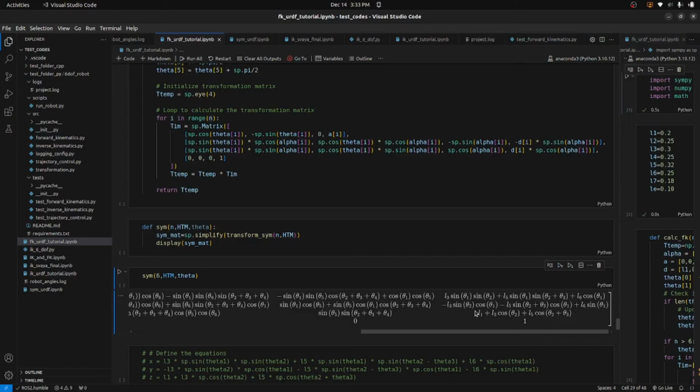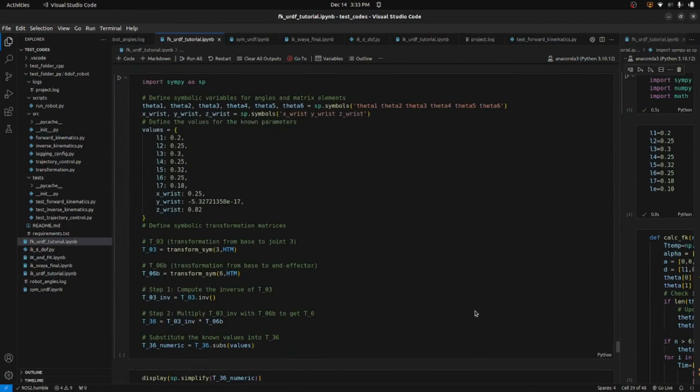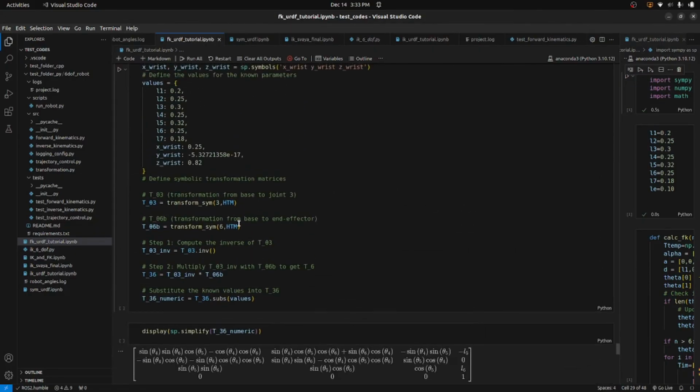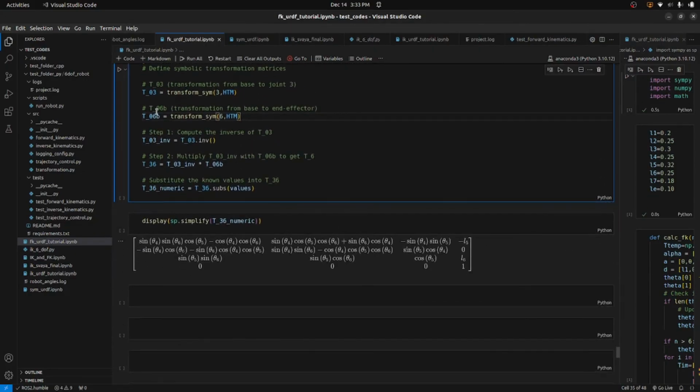Now the next question is, how can I get my theta 4, theta 5 and theta 6? For that we have to move forward. As I already told you, we now know the transformation matrix T03, as I have theta 1, theta 2, theta 3, and I know the matrix from T0 to 6. So how can I get my T3 to 6 matrix?